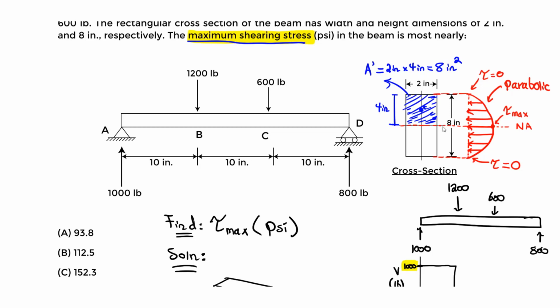It's 4 divided by 2 from the top and 4 divided by 2 from the neutral axis. That distance, Y bar prime, is the distance to the centroid of the area we're looking at. If you find that, you just take 4 divided by 2 and you get 2 inches.